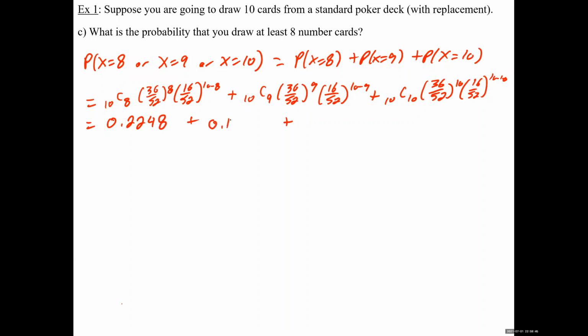This one is 0.1124. Again, you can double check it later. The other one is 0.0253. And then you add them up. Okay, that's part C. Questions on part C?